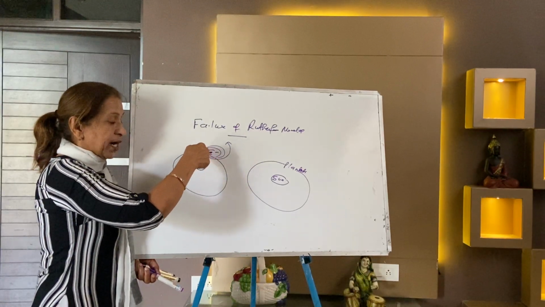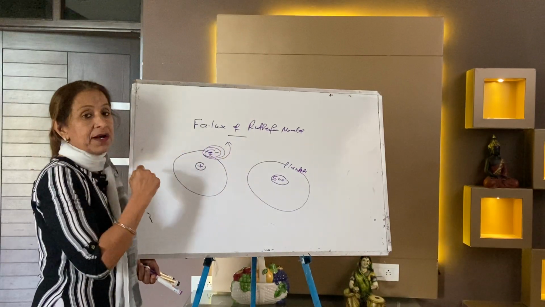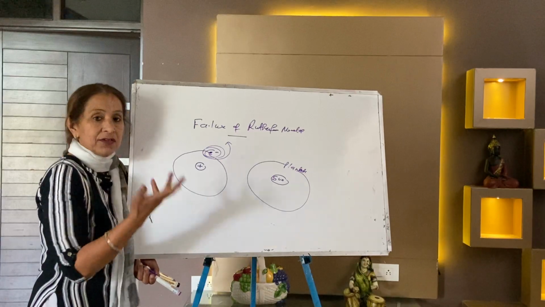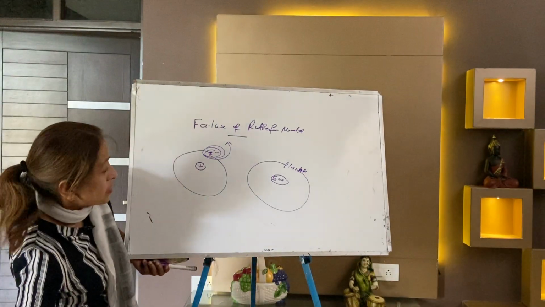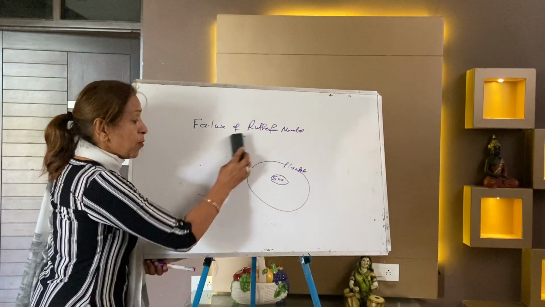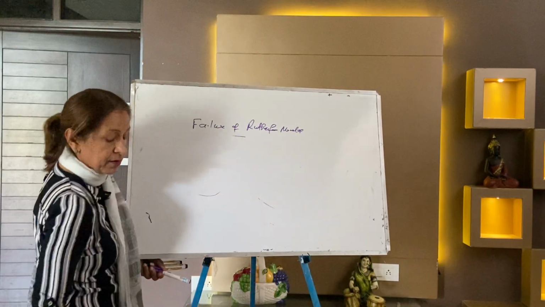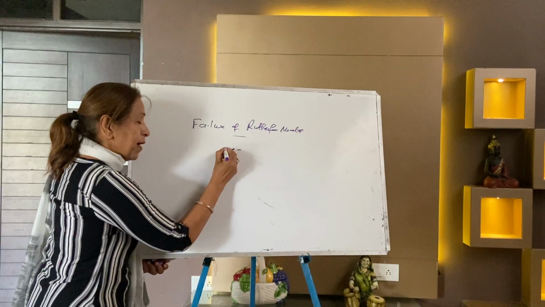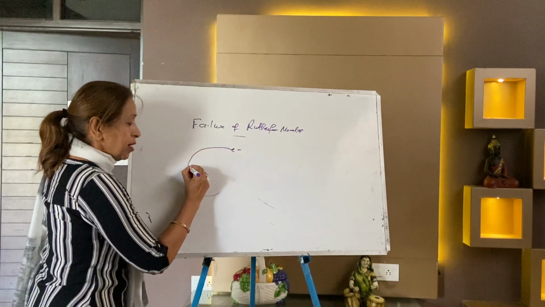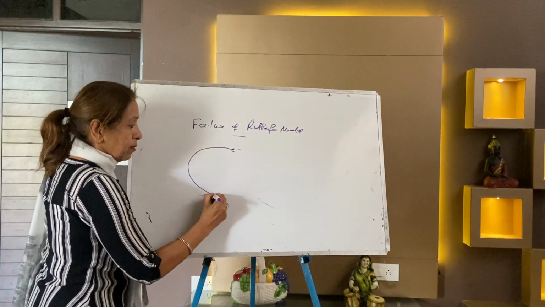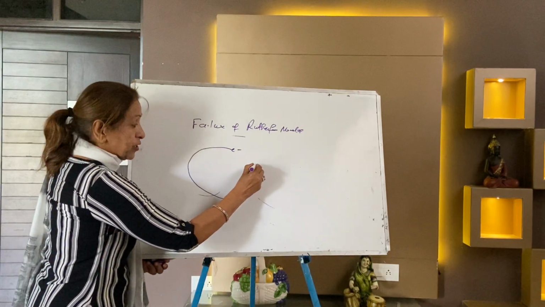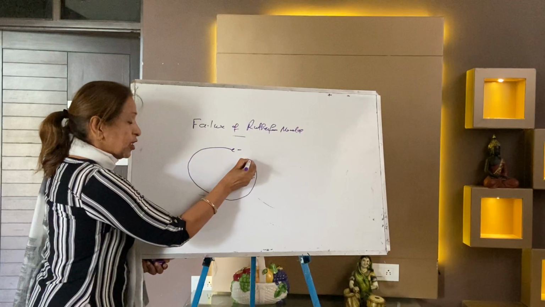So when any charged particle moves around another charged particle, energy is always lost in a continuous manner. When the electron revolves around the nucleus, both being charged, it undergoes acceleration because of the change in direction.